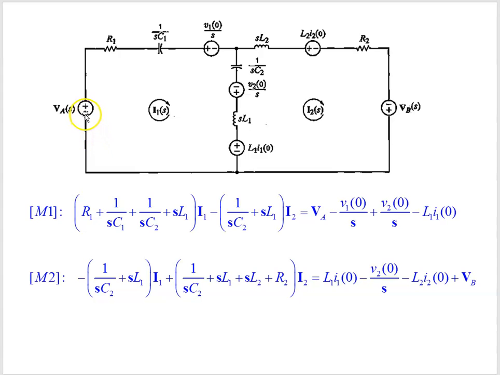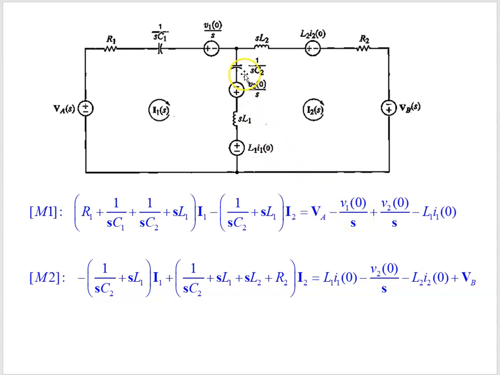If we go into the negative terminal VA, we call that negative, so we'll put it on the other side of the equation, and the positive VA on this side. All our passive voltages we'll call positive, so we have I1 times R1 plus 1 over SC1. Then this one goes to the other side of the equation, but we went to the positive voltage reference, so we put a negative on the other side.